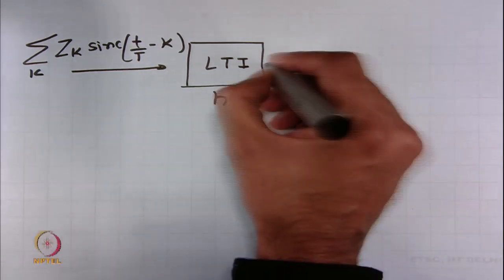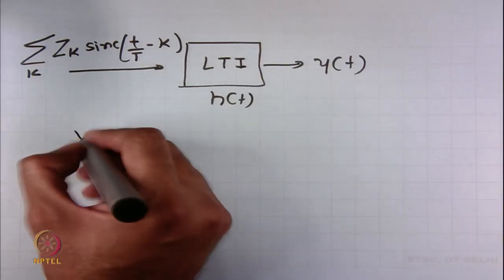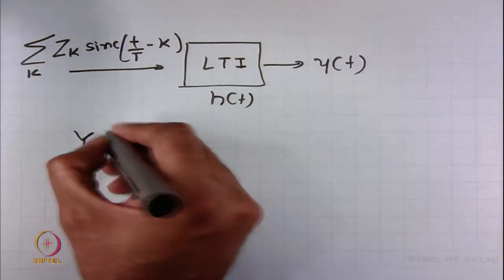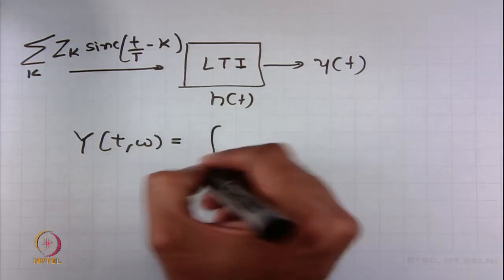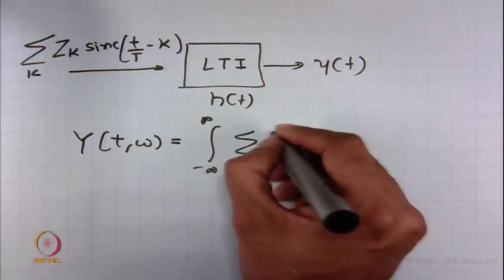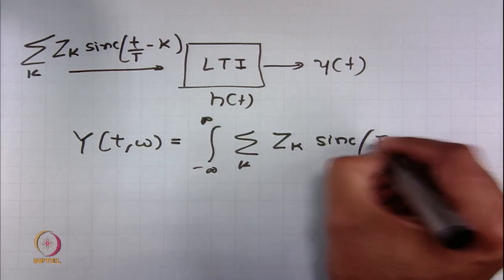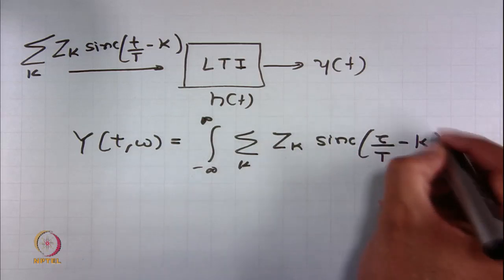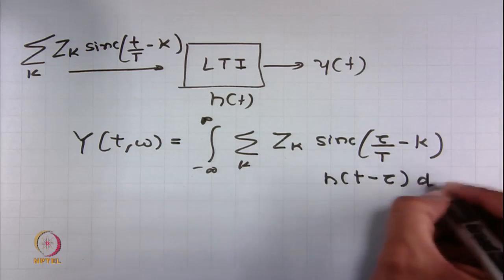So, let us ask the question, what is this y of t? First, we know that it should be a random process itself, and this should be summation k zk sinc of tau by t minus k into h of t minus tau d tau.